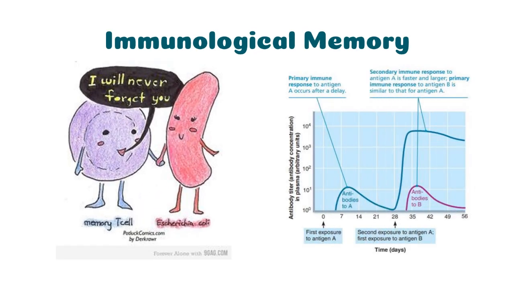As we can see here, on the first exposure, the antibody titer peak reaches after 10 days. What we mean by antibody titer is the antibody concentration, while in the second immune response it is reached after maybe 2 to 3 days, and more antibodies are produced. As we can see, the concentration of antibodies is higher.